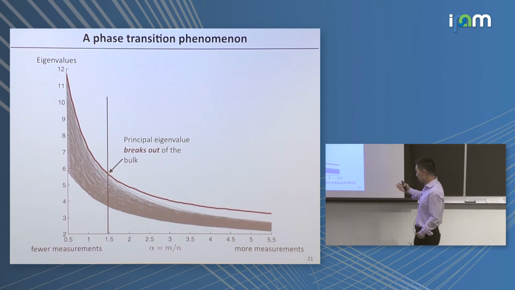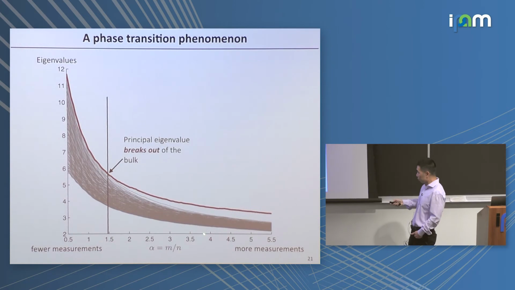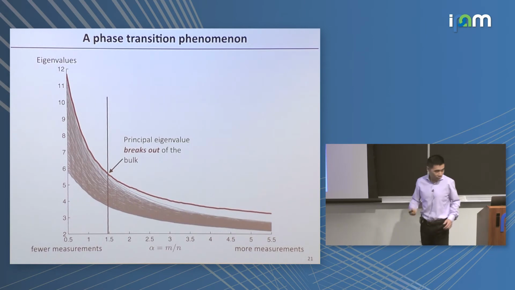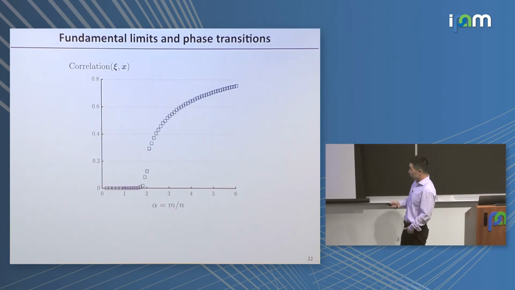I like this view because it gives you a dynamical view of this problem, and it's also an interesting question to study this problem from the dynamics of increasing alpha. This curve follows a deterministic evolution equation. Anyhow, at this point there is a phase transition, and this phase transition in eigenvalues can also be reflected in a phase transition in the correlations.